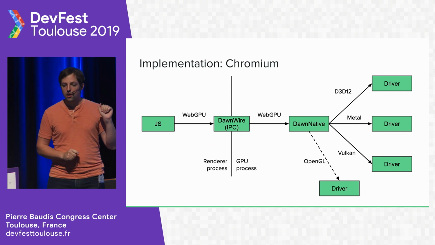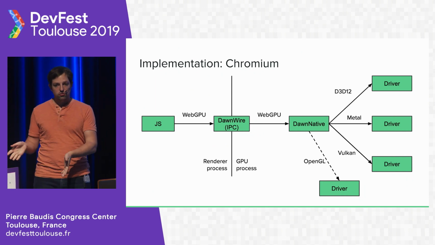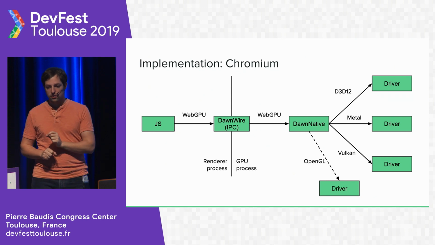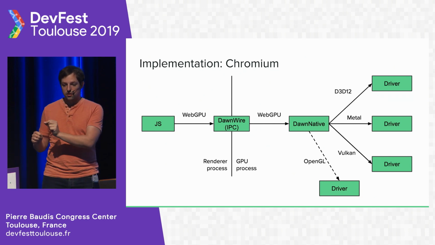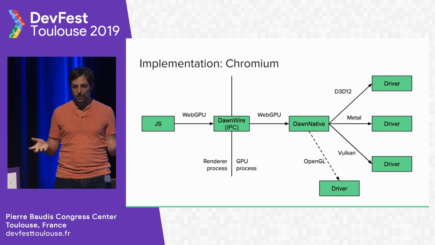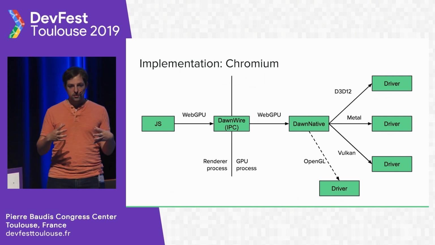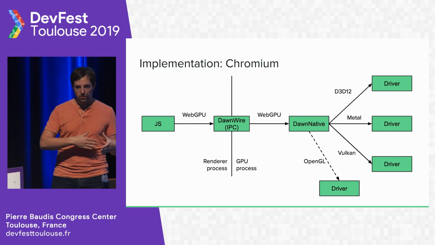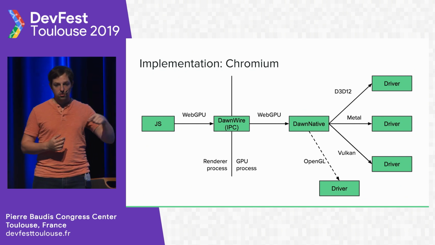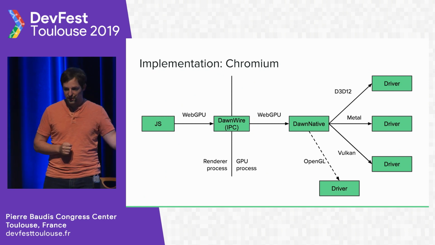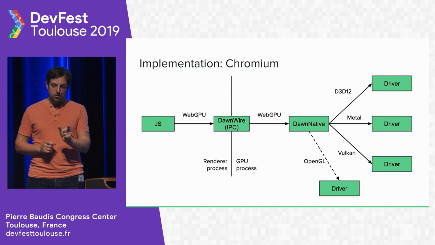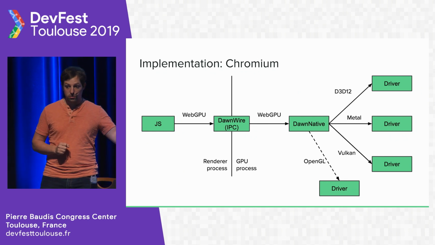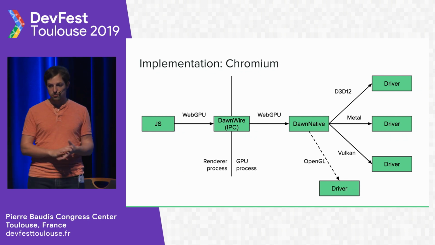But anyways, if you're a JavaScript application and you use WebGPU, what's going to happen is first, on the render process side, the WebGPU commands are going to flow to something we call dawn wire, which is an IPC, like inter-process communication serialization thing, that will send the command through serialization, deserialization to the GPU process. So the WebGPU commands are forwarded to something that we call dawn native that lives in the GPU process.